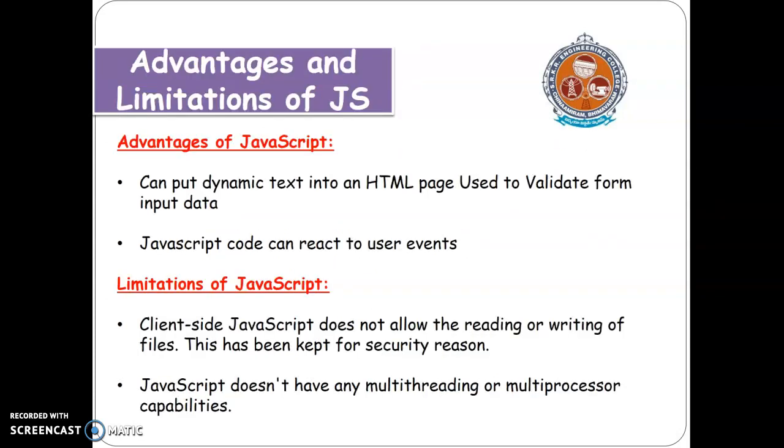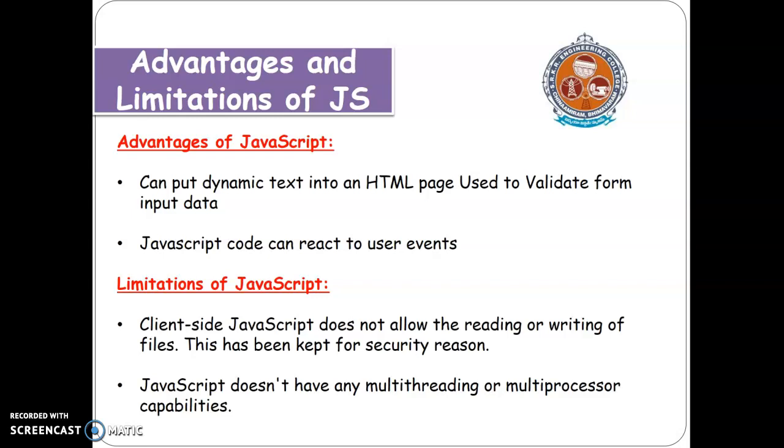Advantages and limitations of JavaScript. The advantages are that we can put dynamic text into an HTML page and validate the input forms and input data in the forms. JavaScript code can react to user events, meaning it will give alert boxes and message boxes.